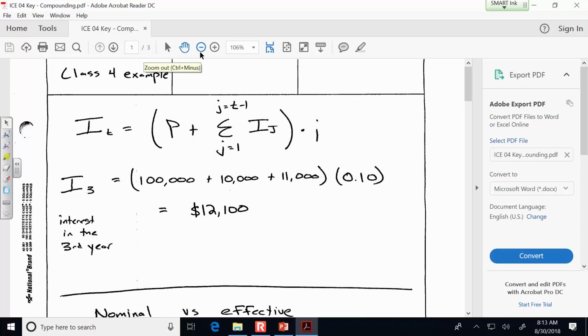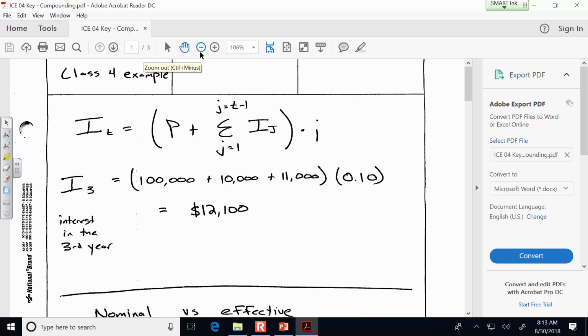So that's what this j equals 1 through j equals t minus 1 is. t minus 1 is 2, so year 1 and year 2 interest amounts are being combined with the P, and then we're multiplying the whole thing by 0.10.